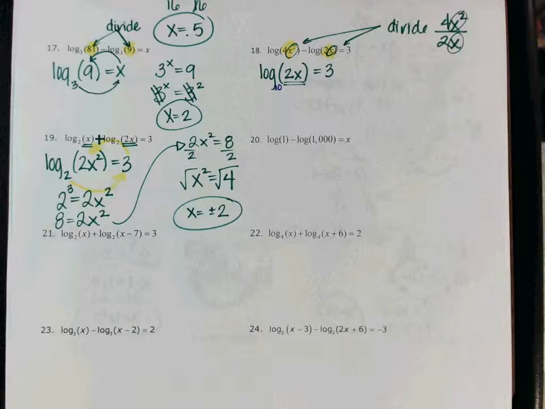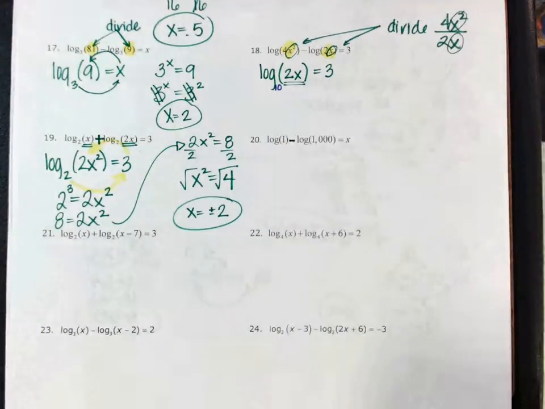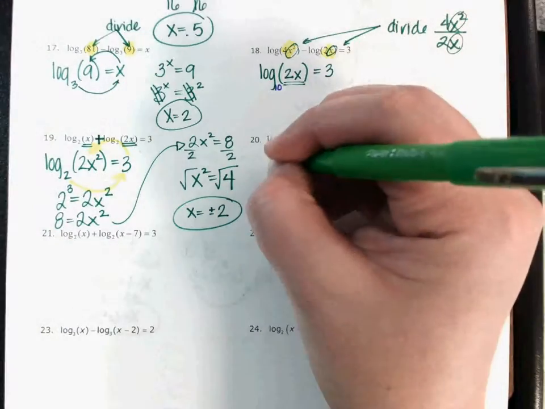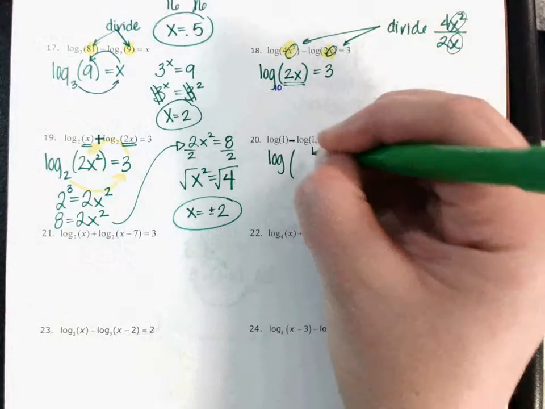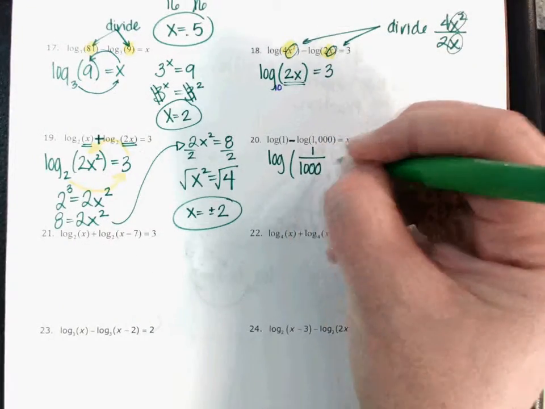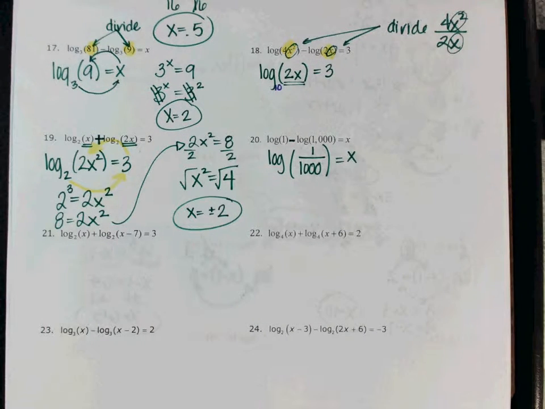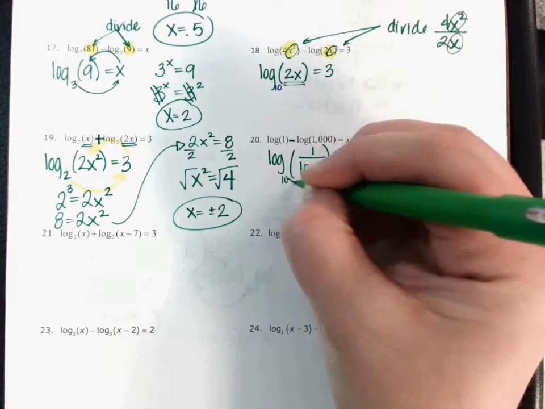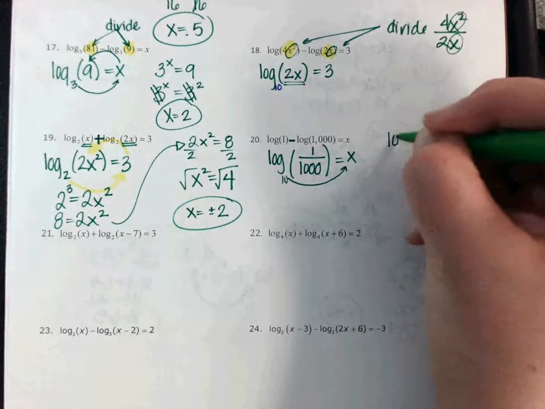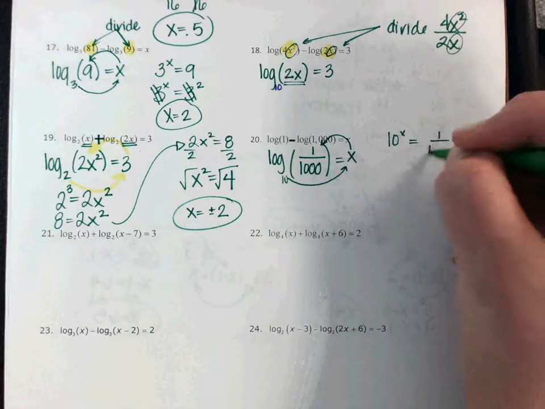Okay? So number 20, I have a minus in the middle. What am I doing with 1 and 1,000? Divide, so it'd be 1 divided by 1,000, right? Okay, that should look familiar. Even though it's set up kind of weird, we've done those before. What's your base if it's missing? 10. So it's 10 up to the x. Then bring it back around equals 1 over 1,000.